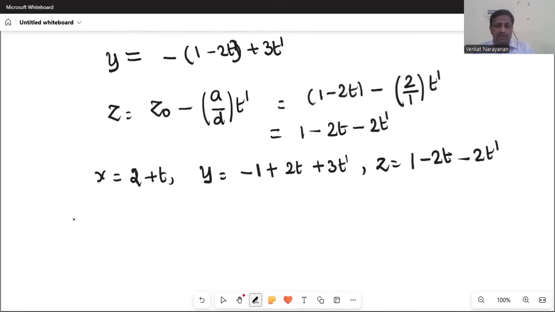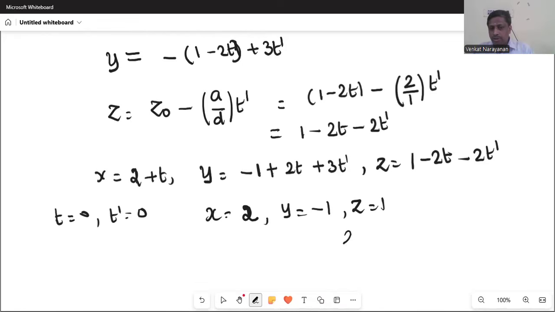Now we want to verify this answer by taking t equal to 0 and t dash equal to 0. So what is the x value? x value is 2, y value is minus 1, z value is 1.